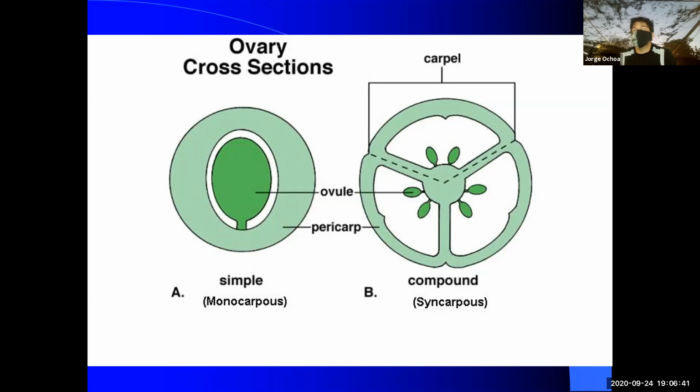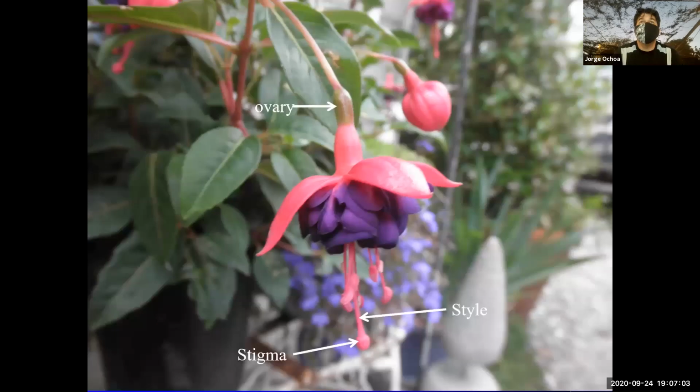And sometimes it's going to be several of them that over time may have fused and generated one single item. An example for this would be the tomato that is going to have several compartments with many, many seeds. So we may have just a single ovary or a compound with several segments.